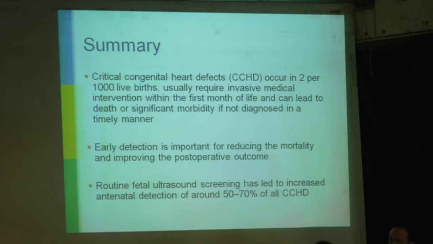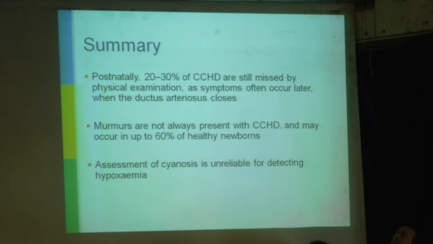Routine fetal ultrasound screening has increased antenatal detection to about 50 to 70% of all CCHD. Postnatally, 20 to 30% of CCHD are still missed by physical examination, as symptoms often occur later when the ductus arteriosus closes. So even in a baby with coarctation, you cannot detect it early if the duct is open, and by the time the duct starts closing down, the baby decompensates.